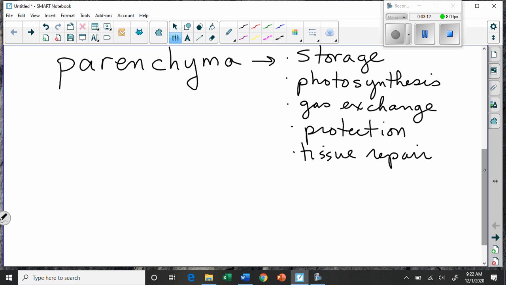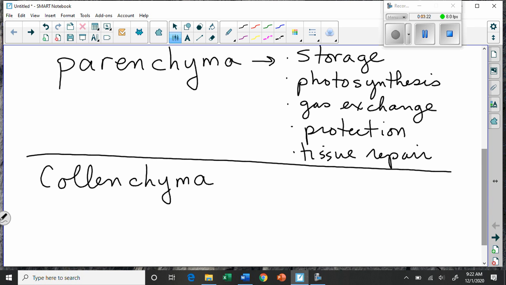All right, the next type is the Collenchyma. These types of cells are slightly different. They're basically support structures. Support for surrounding tissues.